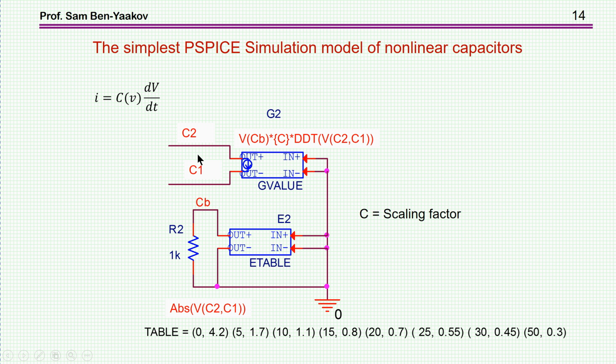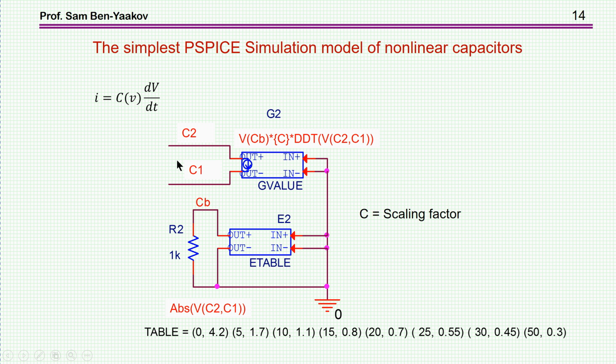So if this voltage is, say, 10 volts, the value is 1.1. This is, in fact, storing information, and SPICE also knows to interpolate between the points. That is, although these are discrete points, for SPICE it becomes a smooth line, and any point in between, like 11 volts, is also permissible.